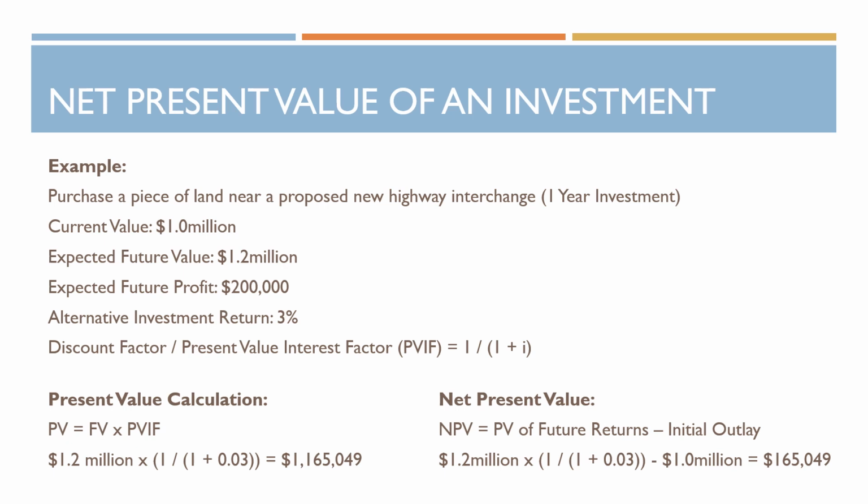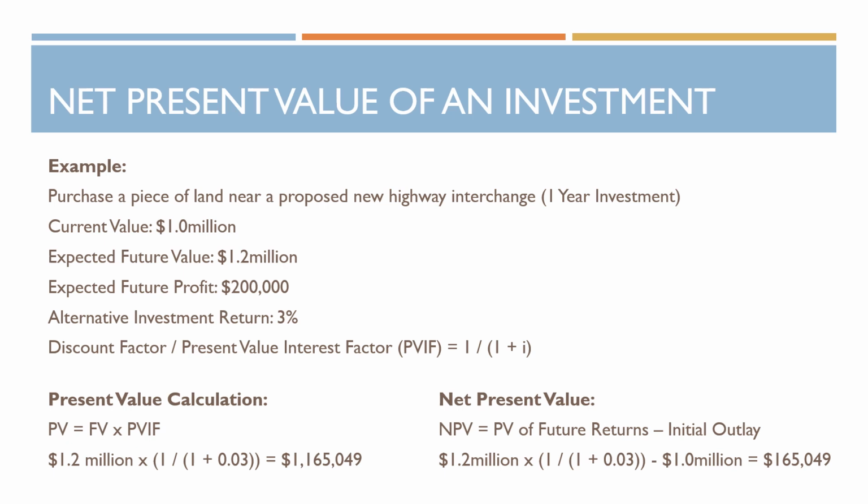So given an example here, let's suppose we have a piece of land near a proposed new highway interchange. So it's a 1 year investment. The current value of the project is $1 million, and we're expecting the future value to return $1.2 million. So that means the expected future profit will be $200,000.